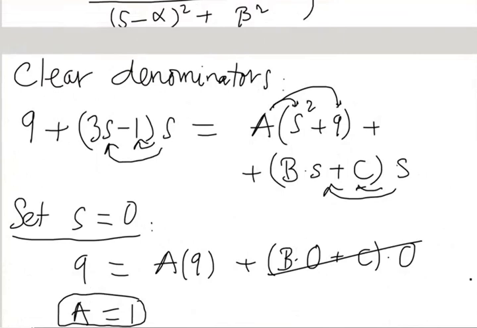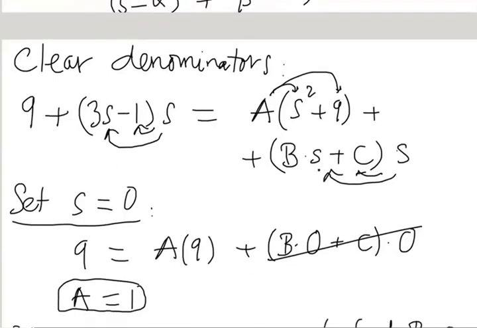Now for c, we could look at the coefficient of s on both sides, but we need to be extremely careful. This is a simpler example, but for a more complicated example, we need to distribute carefully because usually the s term involves many other terms. The highest power, s squared, only involves a few terms.